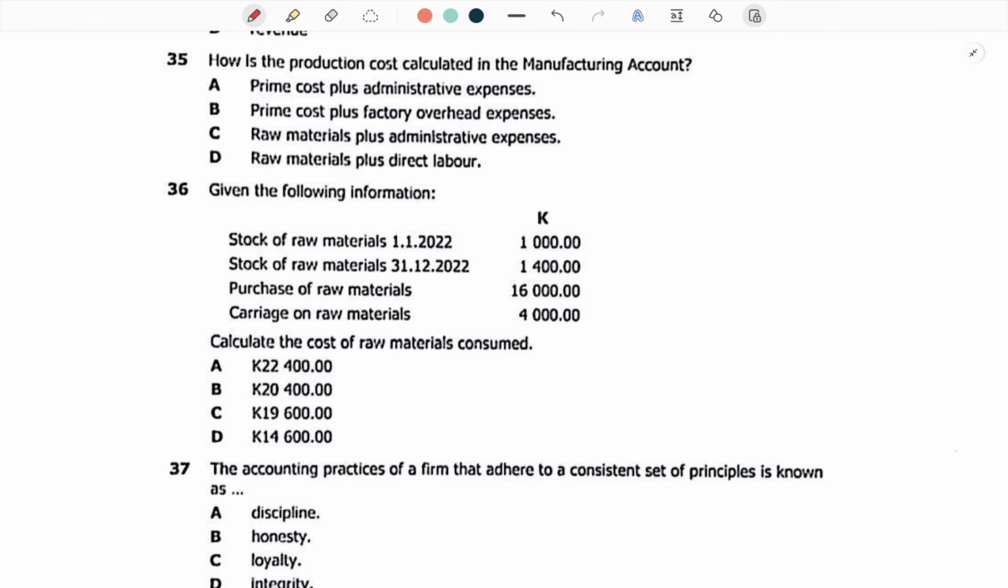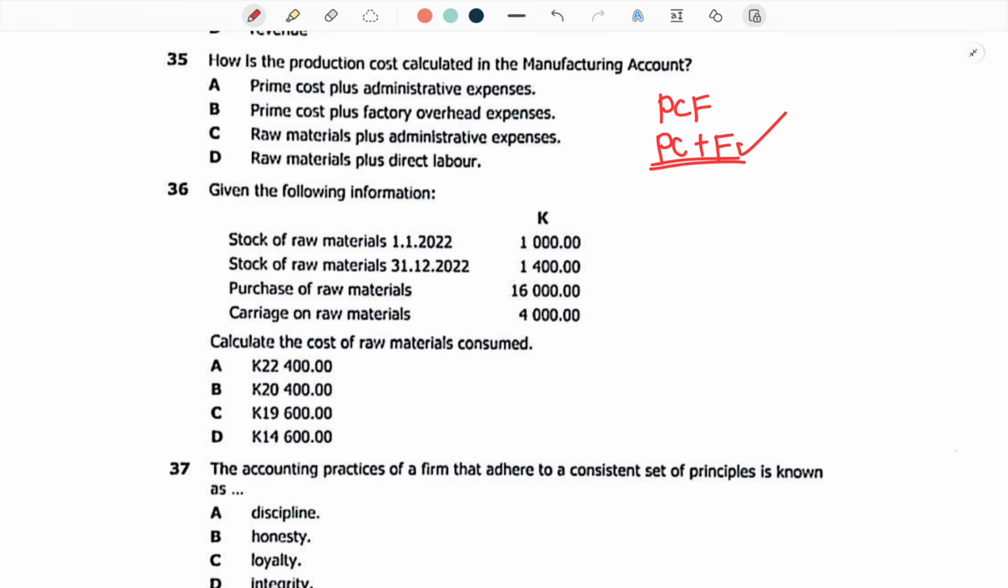Or you can simply say your PC plus your F. Okay? The prime cost plus your factory overhead expenses. This is how I used to remember it. Okay, we go to the next segment.